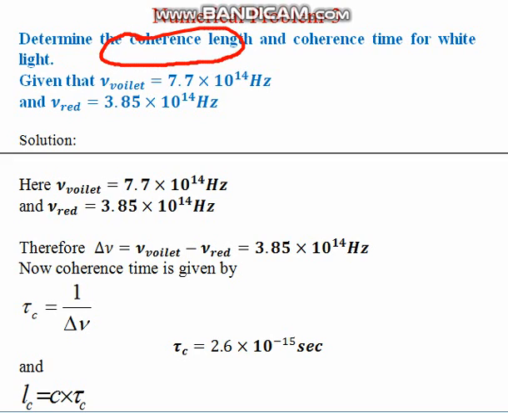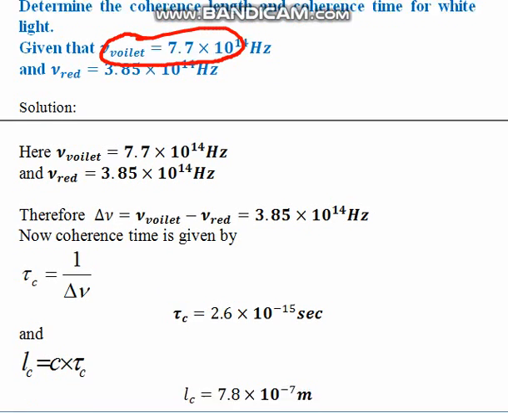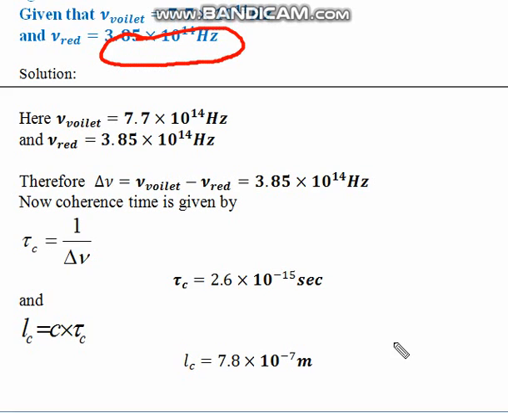Determine the coherence length and coherence time for white light, given the frequency of violet and the frequency of red. In this way we calculate the frequency difference delta nu, and by applying the formulation we can calculate the coherence time and coherence length. This is a very simple numerical. I think you will get it. Thank you.